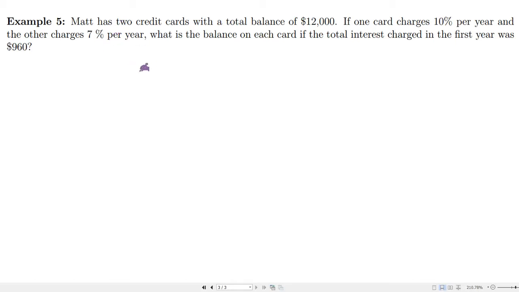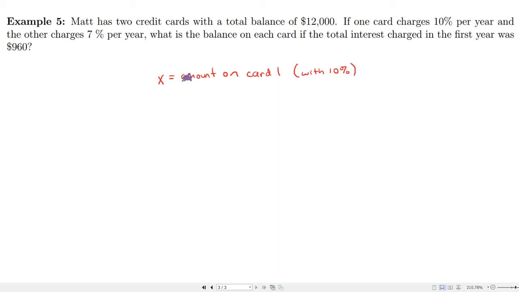So we could pretty much just pick one and call that X. So what we could say is X is equal to the amount on card 1 with 10%.